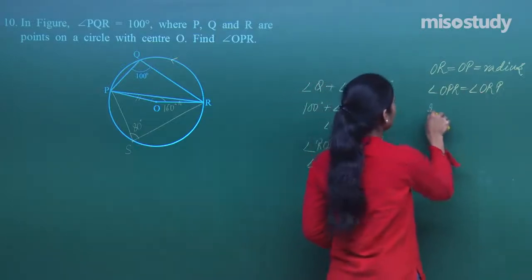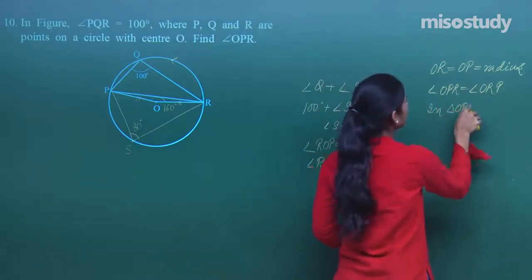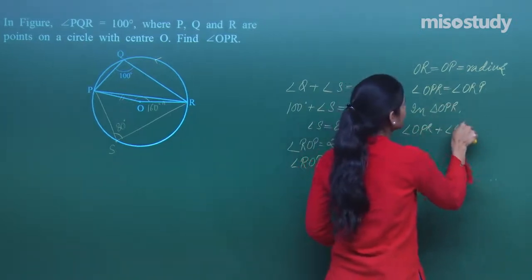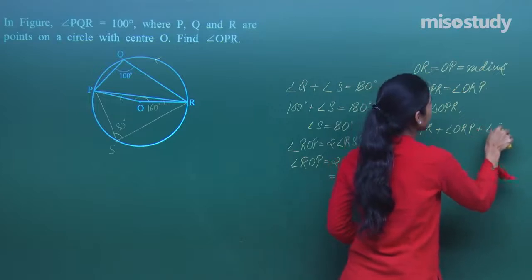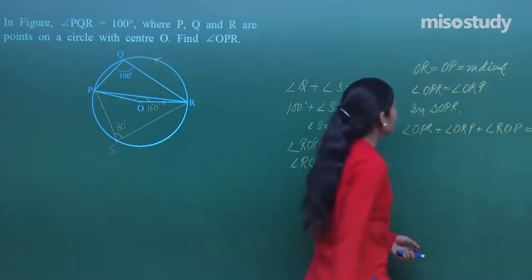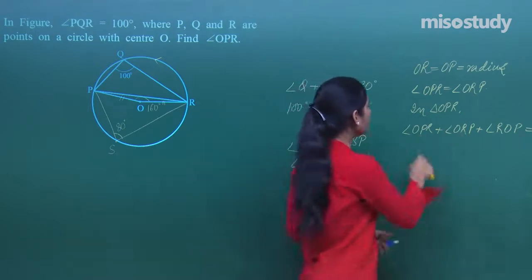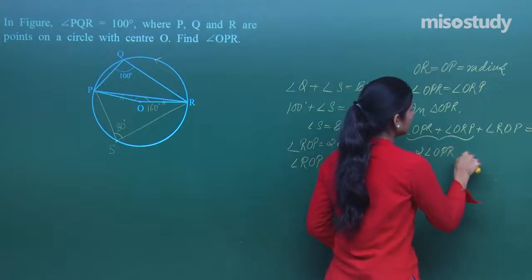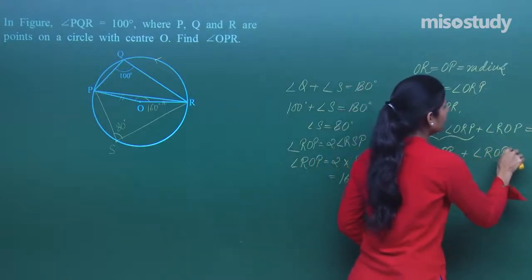Now in triangle OPR, by angle sum property, I know angle OPR plus angle ORP plus angle ROP is 180. But angle OPR is same as angle ORP. So I will write this as twice of angle OPR plus angle ROP is 180.